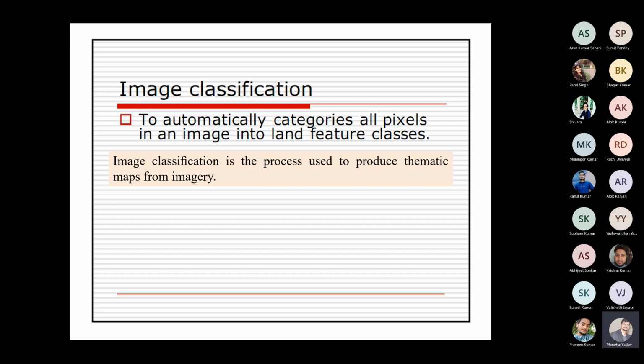In image classification, we automatically categorize all the pixels in the image into land feature classes like vegetation, water, sand, soil, road network, etc. So in image classification, we produce thematic maps of imagery.